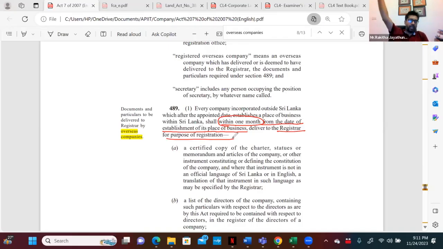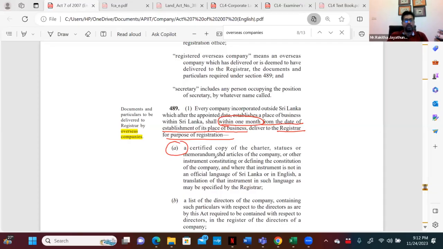You have incorporated outside Sri Lanka. Now you have started a place of business within Sri Lanka. And after starting, within a period of 1 month, you must deliver to the registrar of companies these documents.